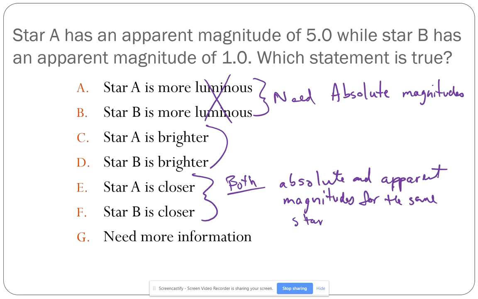You need both the absolute and apparent magnitudes for the same star to determine its distance. And then if you had that for both stars, then you'd be able to determine which one's closer. So that's not it.